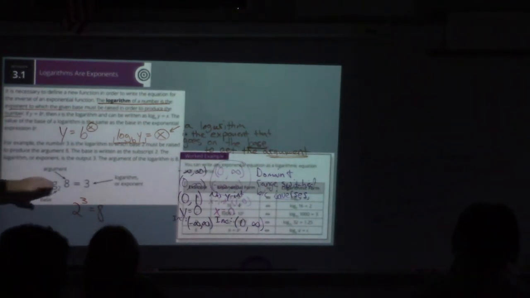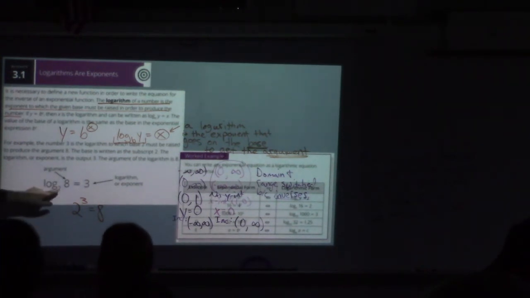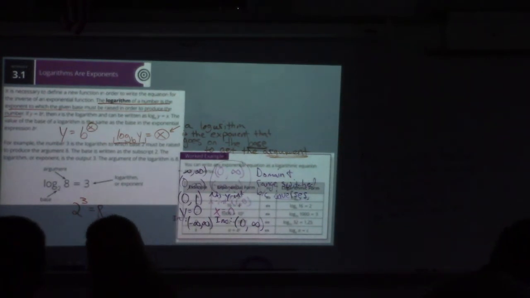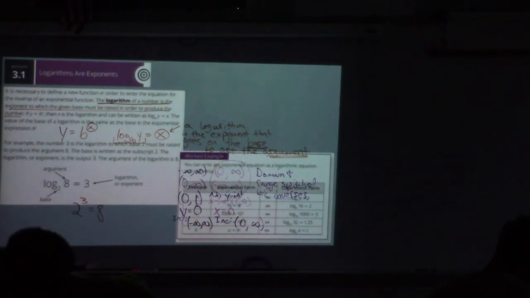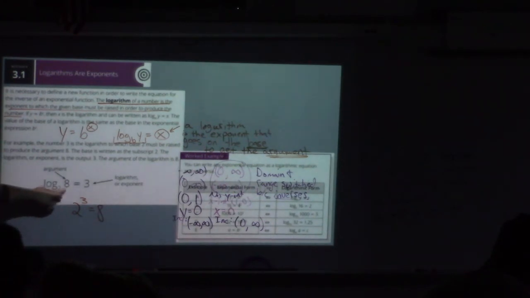When you see log base 2 of 8 equals 3, what you need to ask yourself is, what exponent goes on 2 to give me 8? Well, the exponent is 3. That's all a logarithm is. What exponent goes on 2 to give me 8? The exponent is 3. 2 to the third, remember, is 2 times 2 times 2, which is 8.